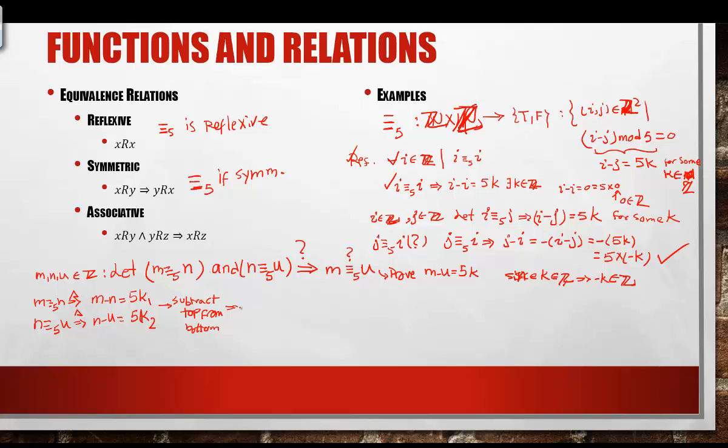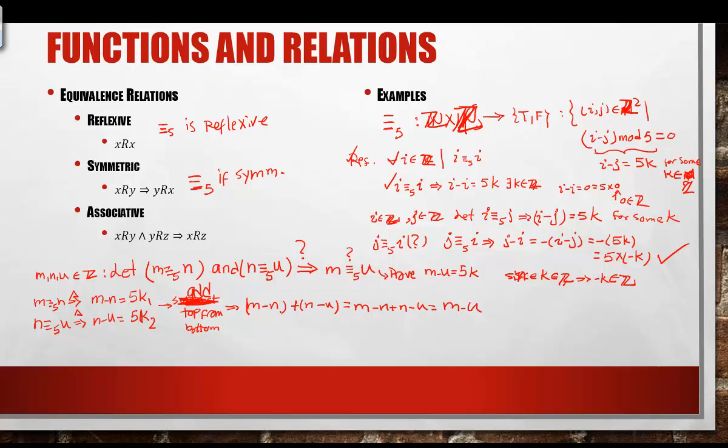okay, then I get m minus n... actually, add them. Let's add the two together. Plus n minus u, right? Which will be m minus n plus n minus u, which will be m minus u, right?